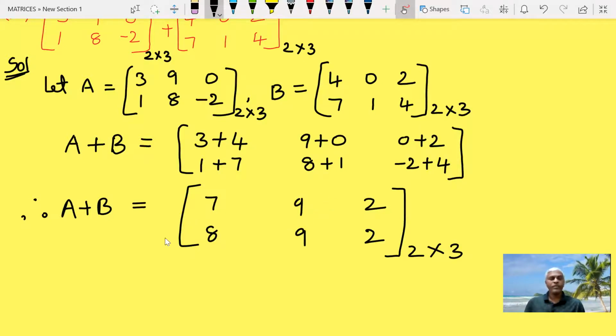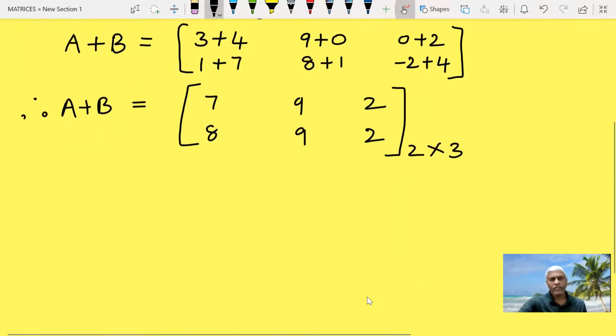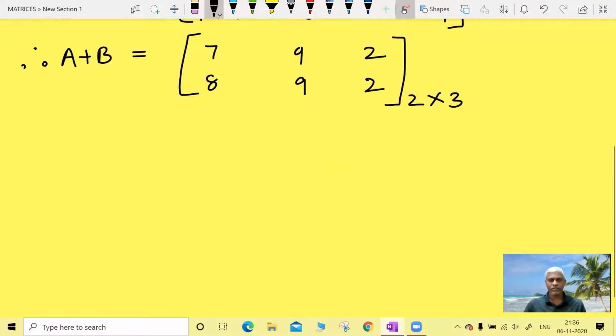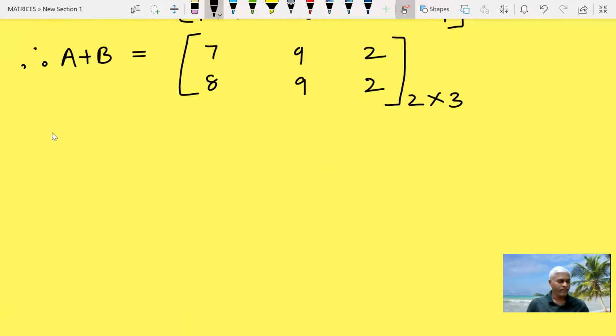Addition is possible only when the matrices are of the same order. And what is the procedure of addition? Adding the corresponding elements in both the matrices. Now let us take another problem from the textbook.